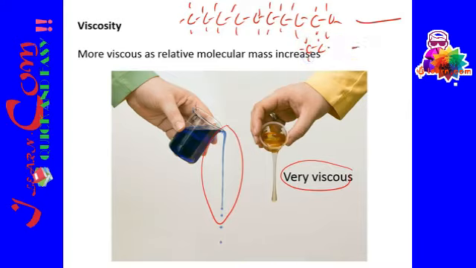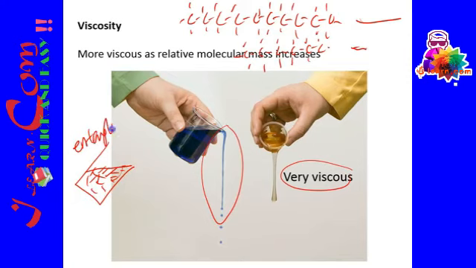So imagine as you try to pour this substance out from the beaker versus this substance out, there's a higher tendency for this long chain to entangle with each other. So when I tilt the beaker to pour, with these long lines inside, there's a tendency for them to entangle.